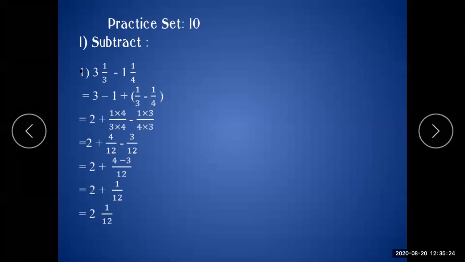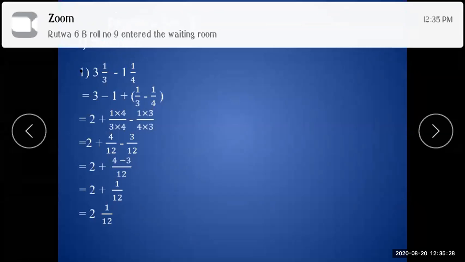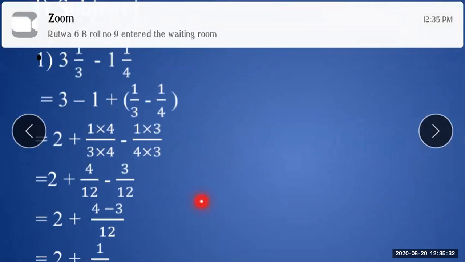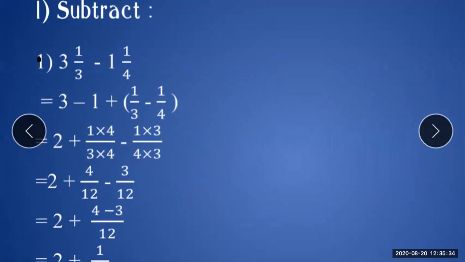Okay. So we will start with practice set 10 only. Question number 2, that is subtraction. See, your first question is 3, 1 upon 3 minus 1, 1 upon 4. Once again I am repeating the question. 3, 1 upon 3 minus 1, 1 upon 4.